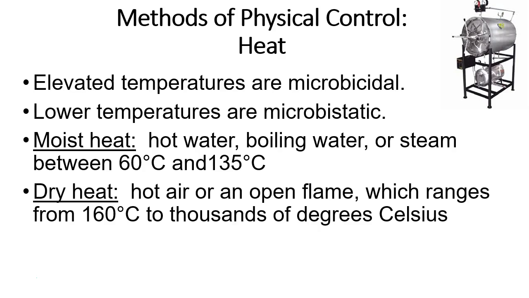Examples of this are autoclave and pasteurization. Dry heat are hot air or an open flame, which ranges from 160 degrees Celsius to thousands of degrees Celsius. Examples of this would be when we flame the loops, when we're trying to streak for isolation on a bacterial plate.